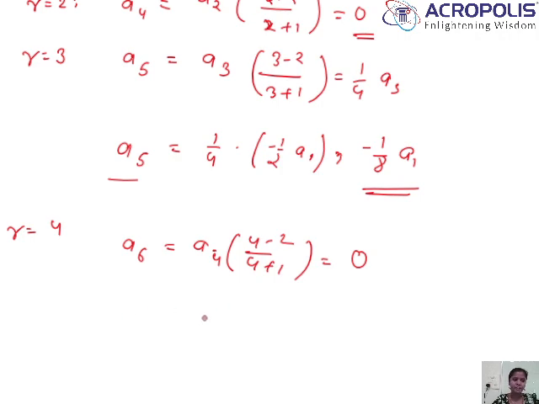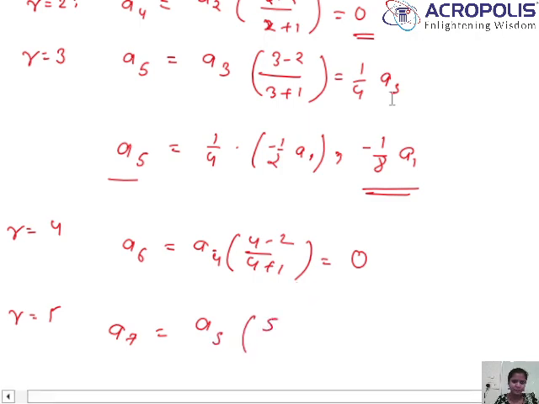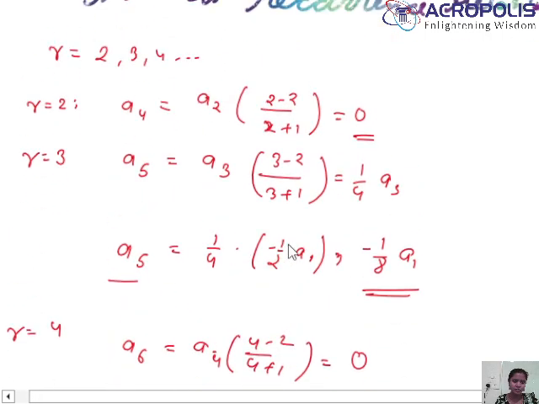So the even terms a4, a6 and so on are completely vanished. These are 0. And on putting r equals 5, you get a7, that is equals a5 into 5 minus 2, which is 3.